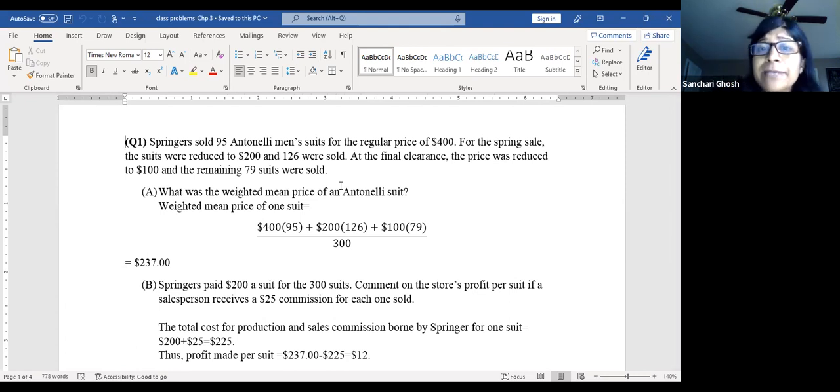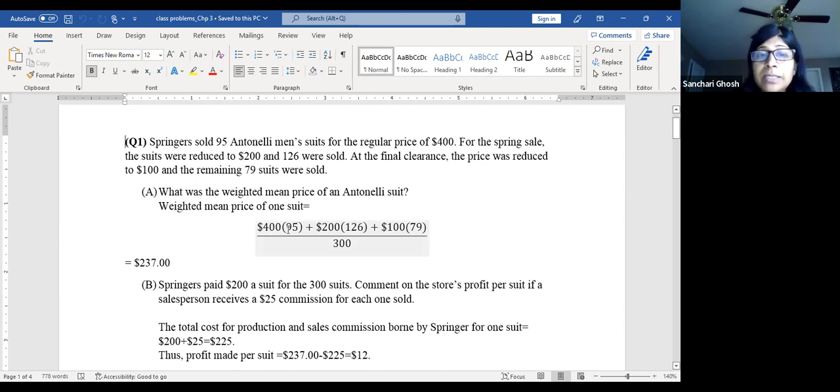If you check the mean, you are not taking into account how the prices were at each clearance value. So if you think about the weighted mean price, if this is a problem in the exam, you know clearly that some suits were sold at 400, but then at the final clearance at half the price, and then 79 were sold at 1/4 the price, right?